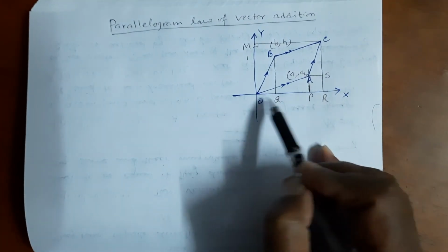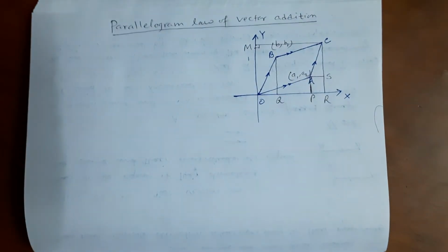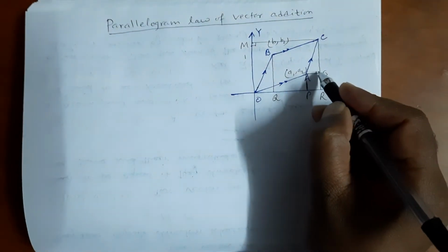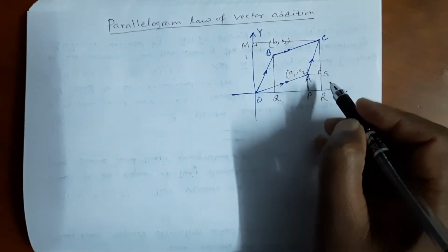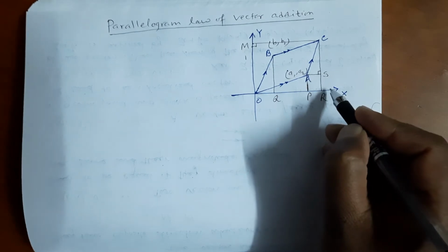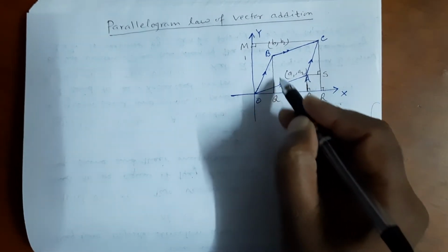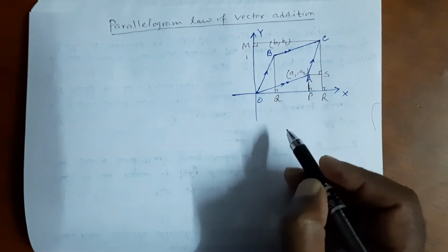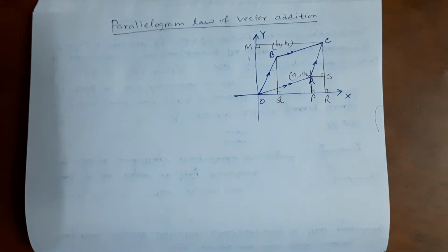CR is perpendicular to the x-axis and CM is perpendicular to the y-axis. So AS is perpendicular to CR, and CR is perpendicular to the x-axis; AP is perpendicular to the x-axis and BQ is perpendicular to the x-axis.